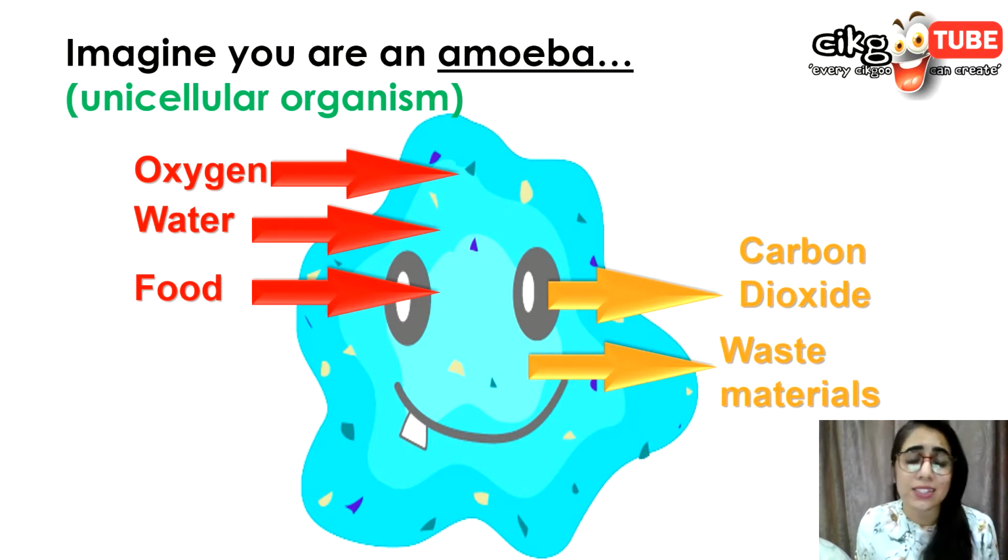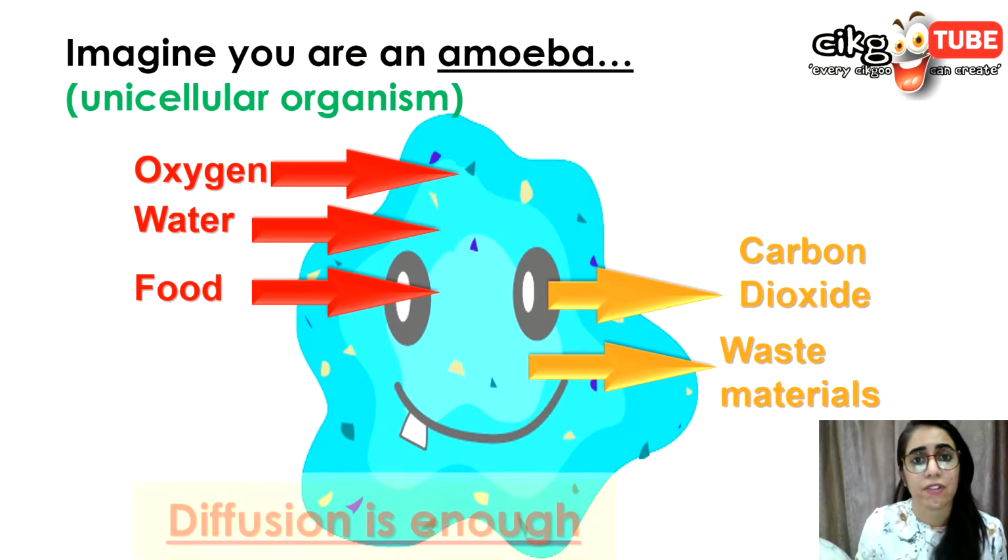As a unicellular organism, diffusion is definitely enough because unicellular organisms have a small body mass and a very large total surface area per volume. We are talking about TSA per V. They don't have a heart, so they are literally heartless. They don't even need one because diffusion is enough.